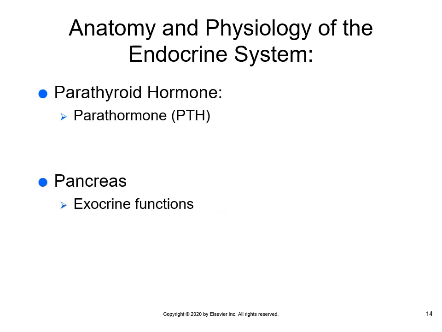Then we have the parathyroid hormone, or we call it also parathormone. Your parathyroid is located in the back, embedded in the thyroid gland, right? Usually there are 4 parathyroid glands embedded in the thyroid gland, and they secrete one hormone, which is what we call the parathyroid hormone right here.